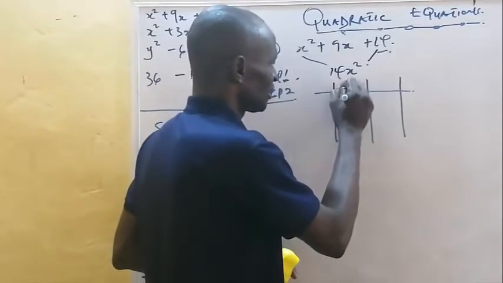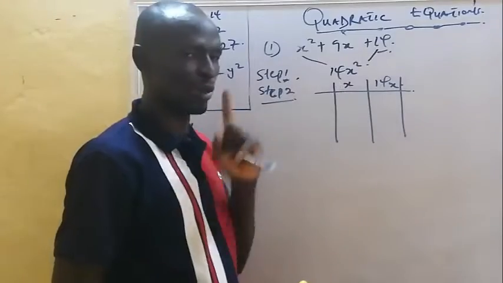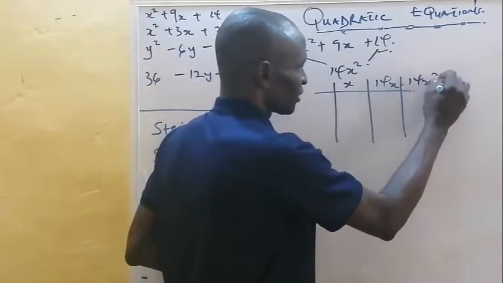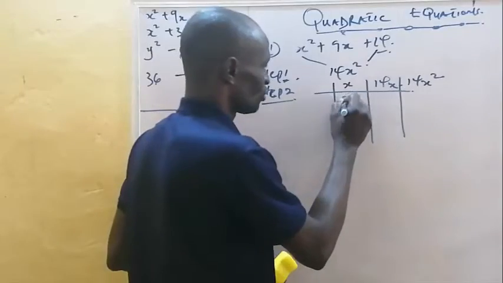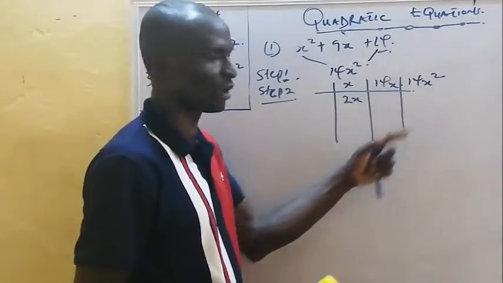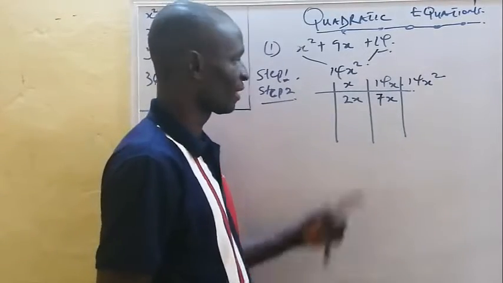The first is x times 14x. X times 14x will give me 14x². Pick 2. 2x times what will give me 14x²? That's 2x times 7x.